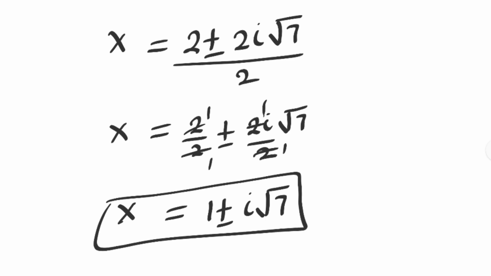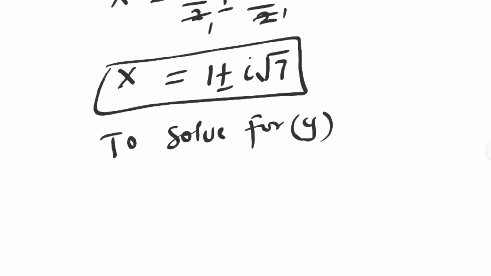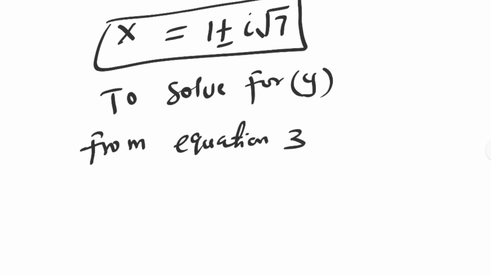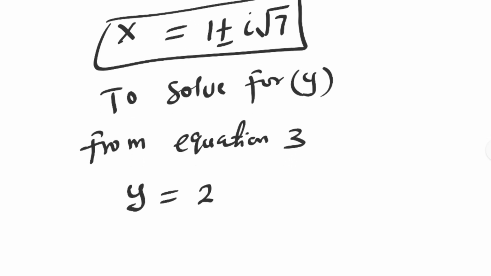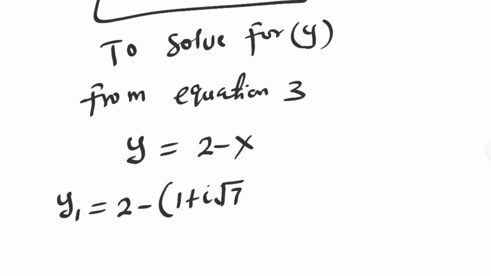We've gotten the value of x. Let us solve for y. To solve for y, from equation 3, y is equal to 2 minus x. Then y1 is equal to 2 minus x1, which is 1 plus i root 7.